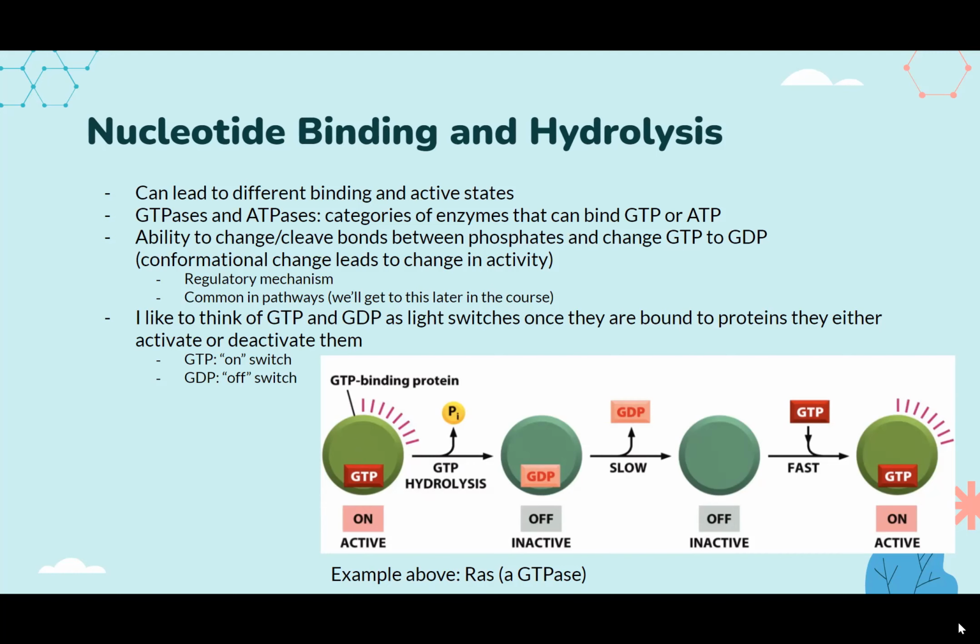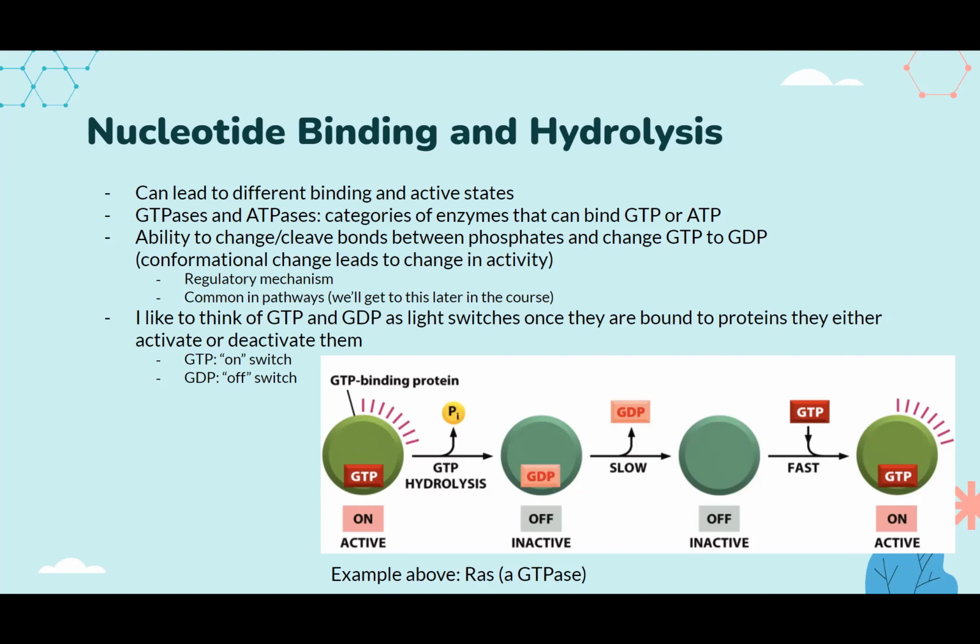These categories of proteins are enzymes that bind to GTP or ATP, but they have the intrinsic ability to cleave the bond at the last phosphate. GTP is guanine triphosphate, and GDP is diphosphate, so there are three phosphate groups, and these enzymes have the ability to cleave off the third phosphate.